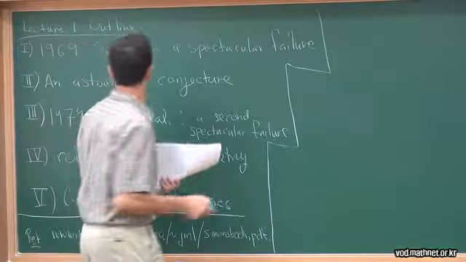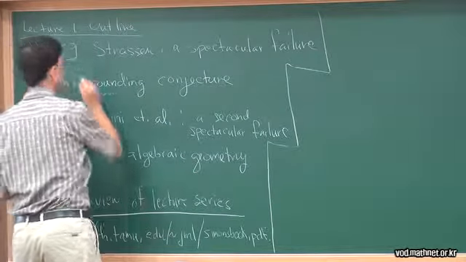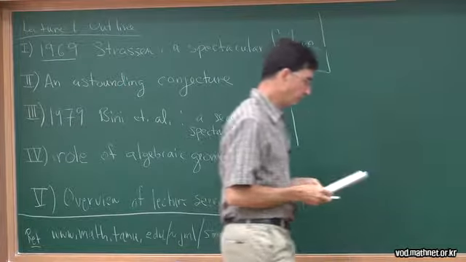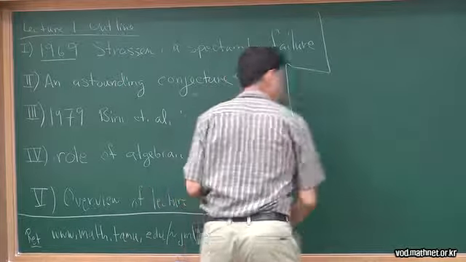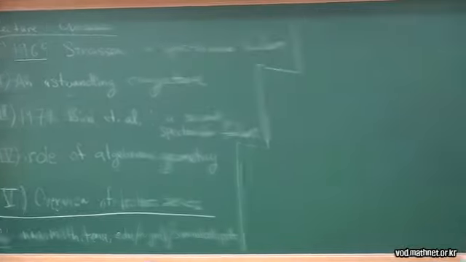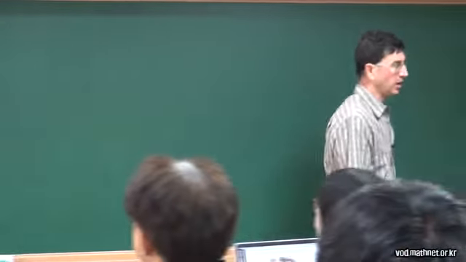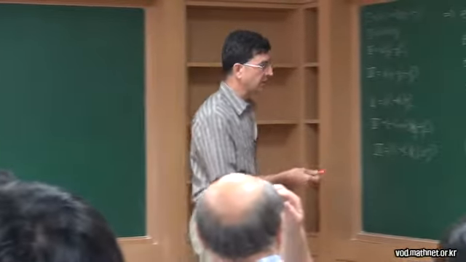So the story begins in 1969 when Strassen set out to prove something that he thought at the time, and everybody else thought at the time, was obvious.